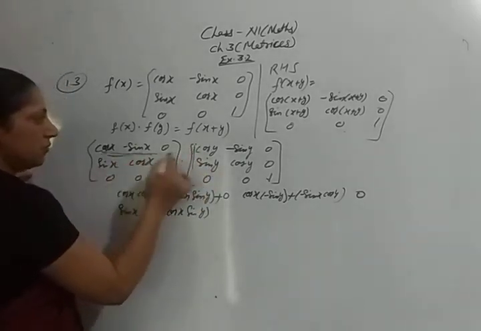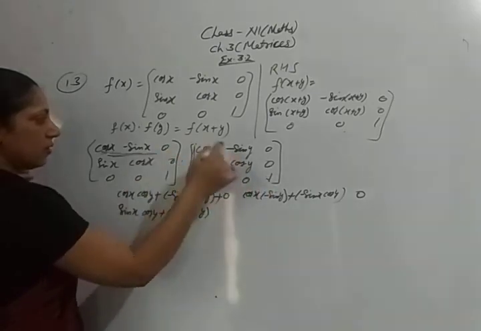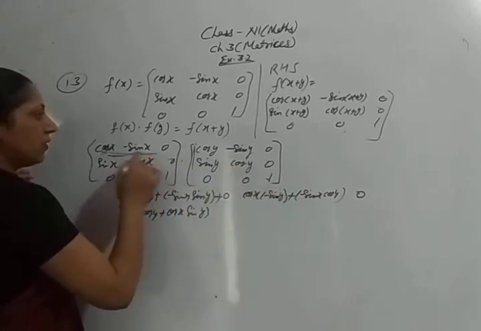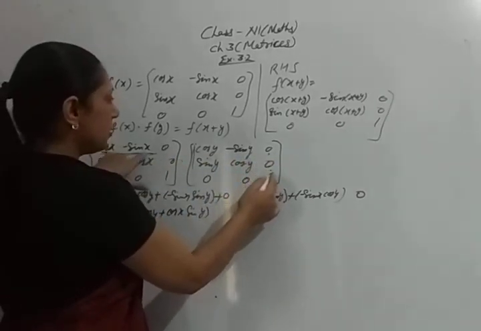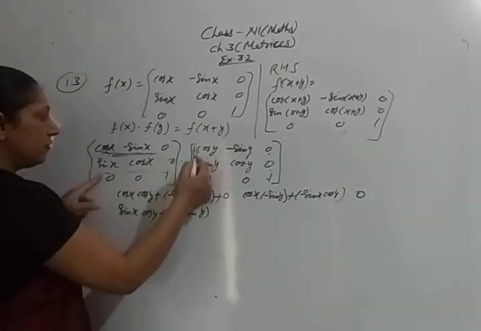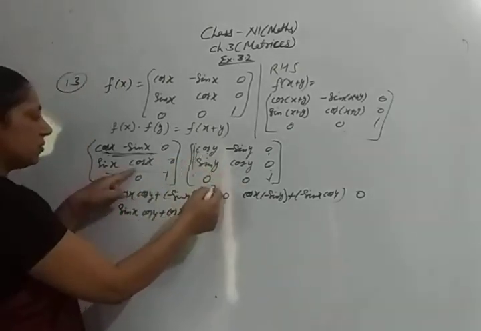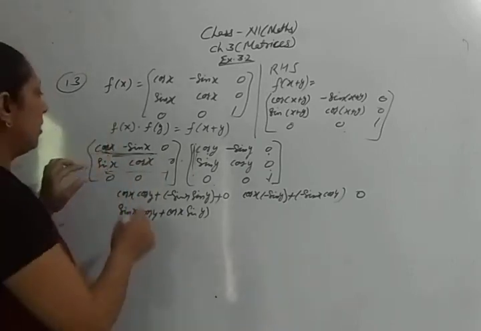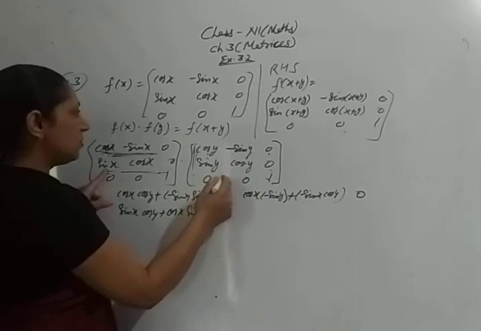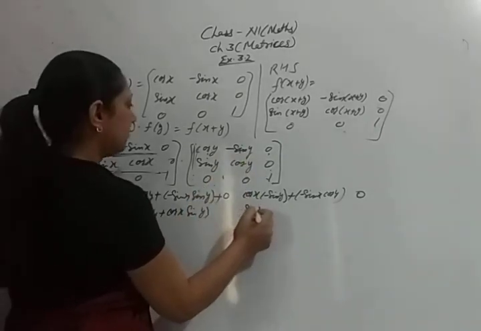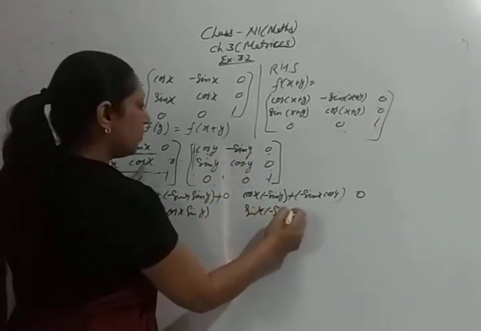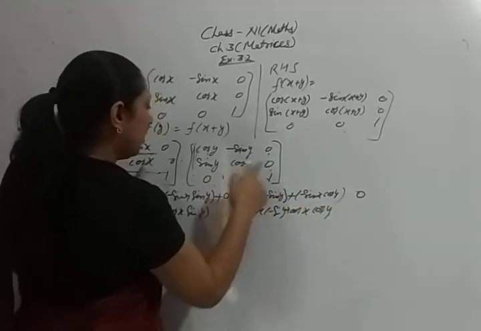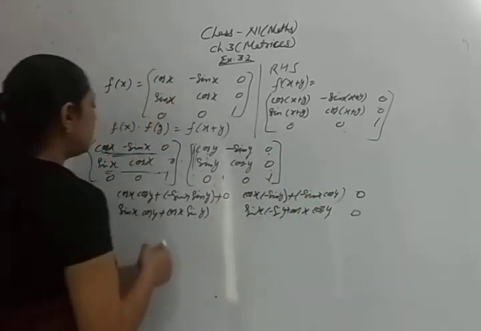First row, third column: 0 plus 0 plus 0. Second row, second column: sin x into minus sin y plus cos x cos y, plus 0 into 0, 0.